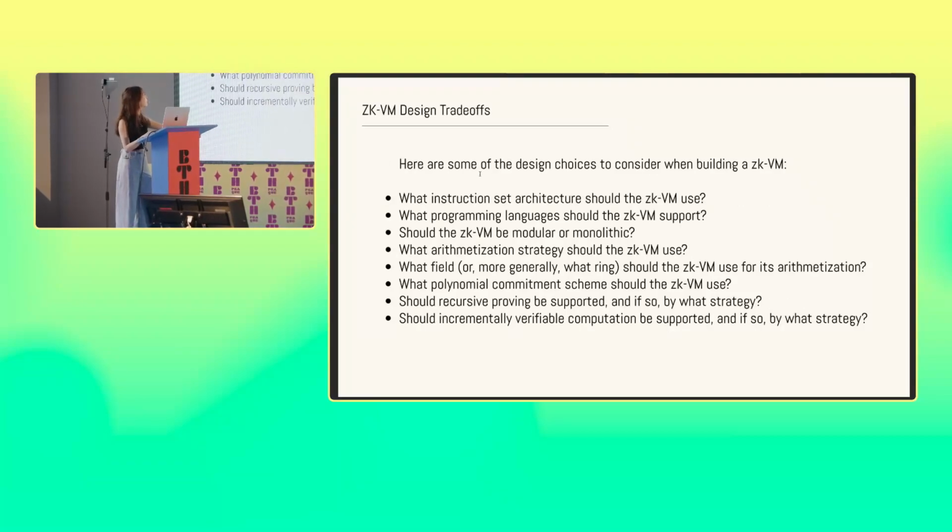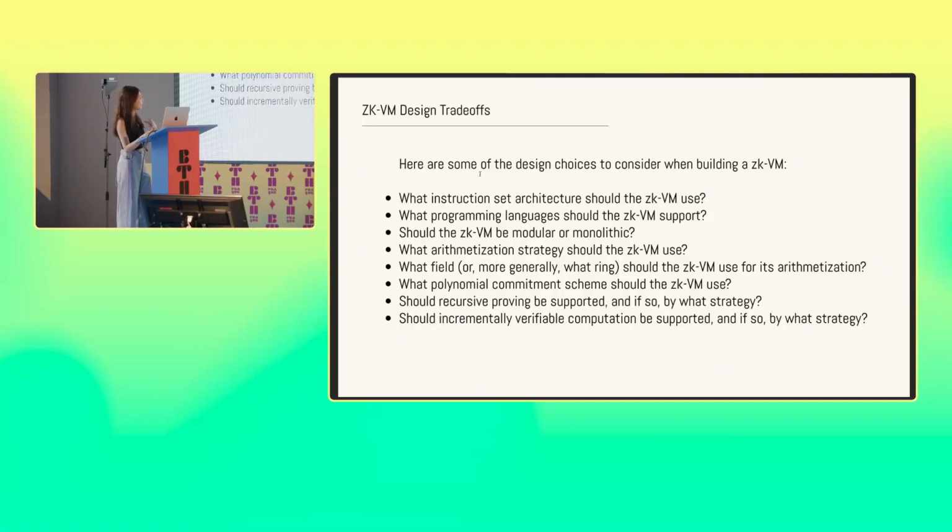So what are the design choices we have to make when building a ZK VM? First of all, what instruction set architecture are you going to use? We designed our custom ZK-friendly ISA, but most other ZK VMs chose RISC-V, and some chose MIPS, I remember. Second, what languages to support? This is more of a compiler toolchain problem. Third, should it be modular or more monolithic?